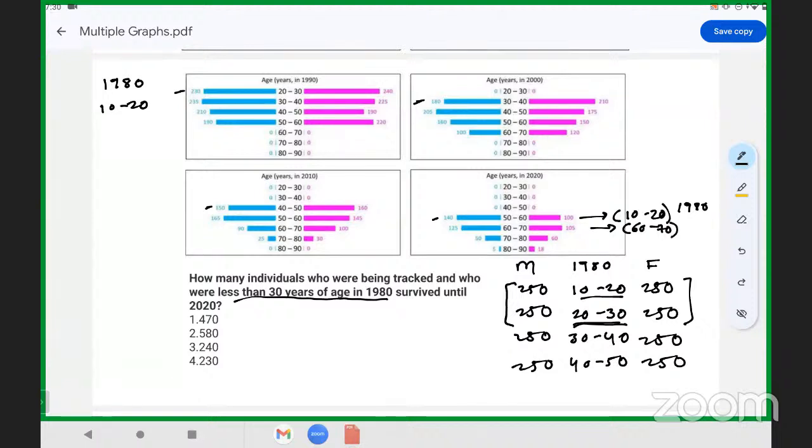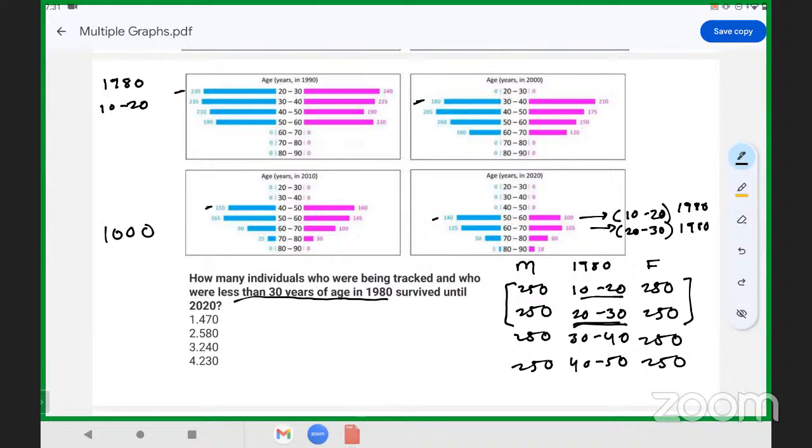Okay, 60 to 70, from the 1980 group. So there were 1,000 people, and now we have the data over here, that is the number of people alive. So just count it.